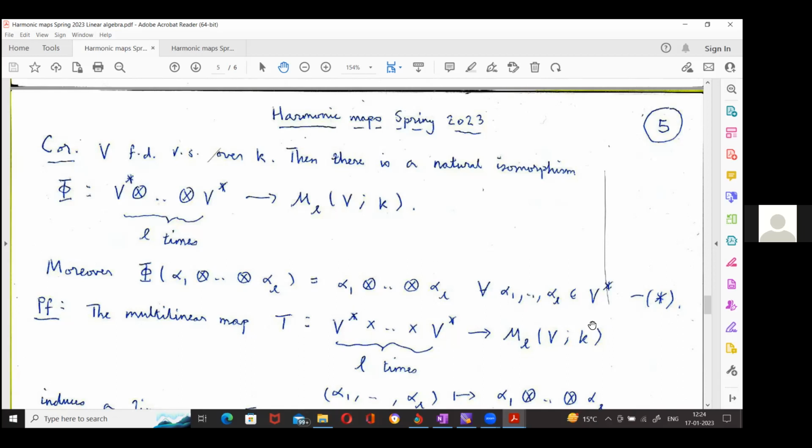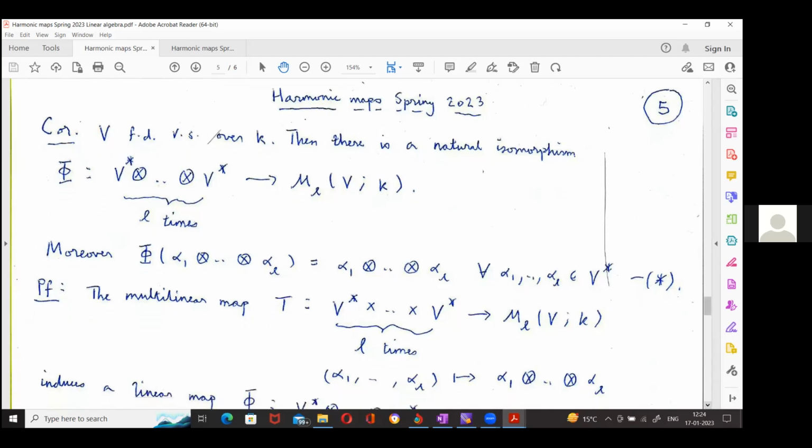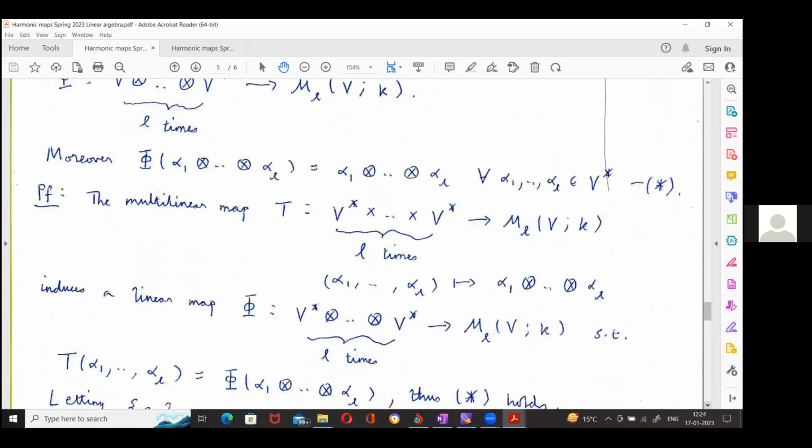So how do we prove this? This is quite simple. The point is actually that this space ML of multilinear functions, well, one could show it satisfies the universal property, but we won't do it that way.